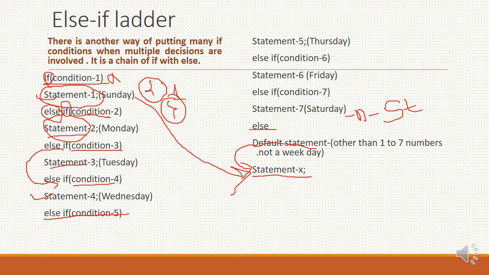Whenever you are writing more than one statements, you should use the opening brace and end of the brace. In the program also, always the number of opening braces equals the number of closing braces. Otherwise, your program is going to give you the error.